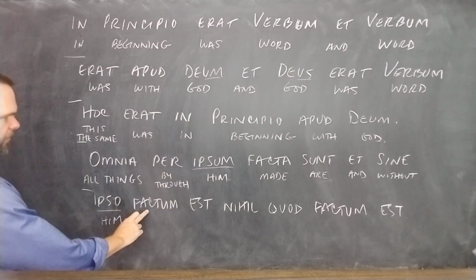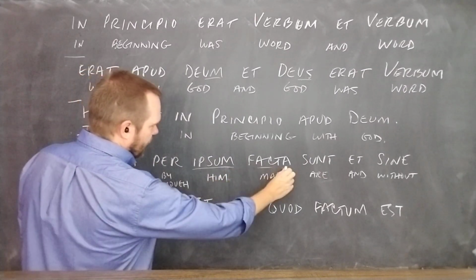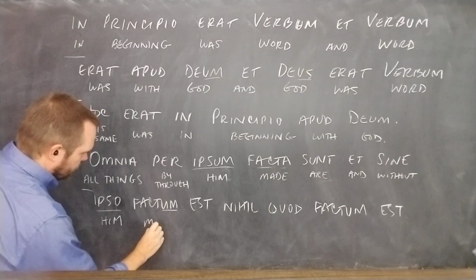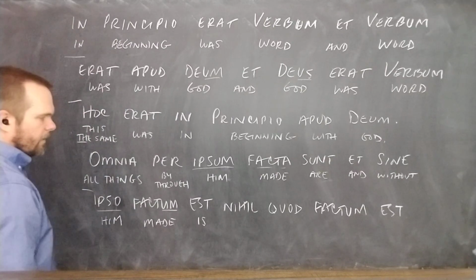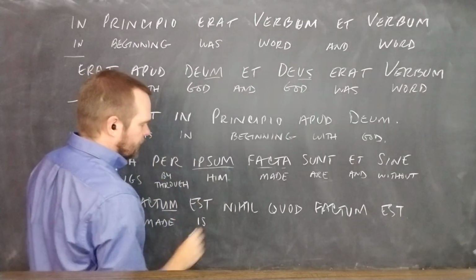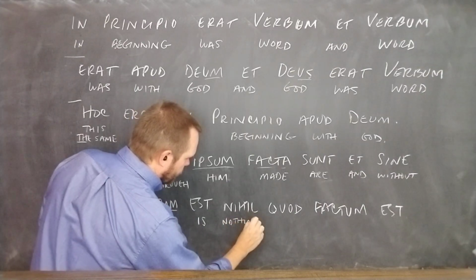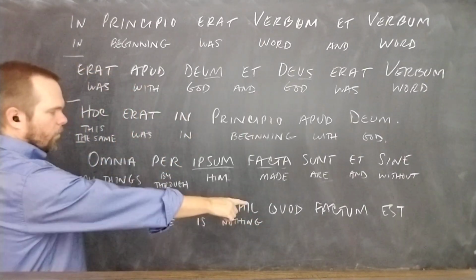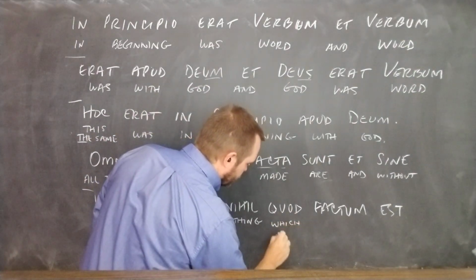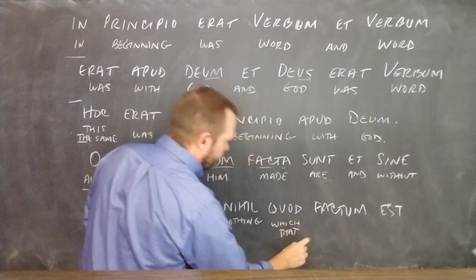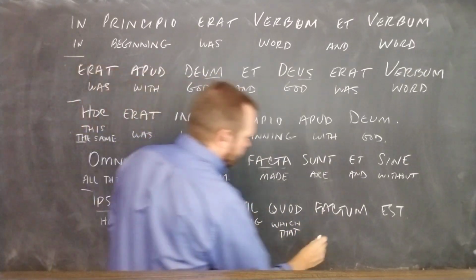Him. Factum. Factum is another form of this word, facta. Factum also means made. Est means is. Nihil, the exposition tells me it means nothing. Quod means which or that, pronoun. Factum est. We just saw that. Factum est. Made is.